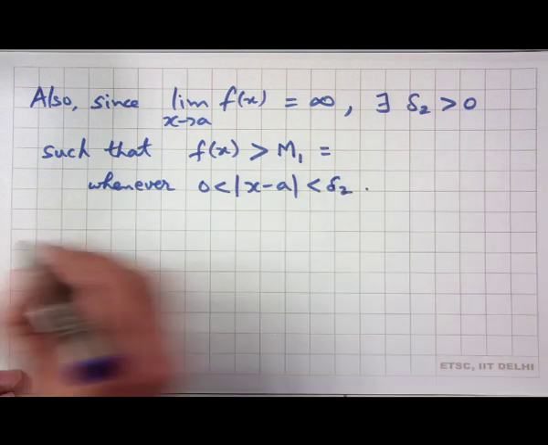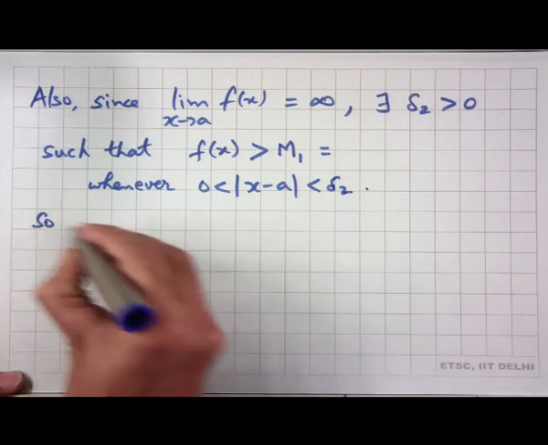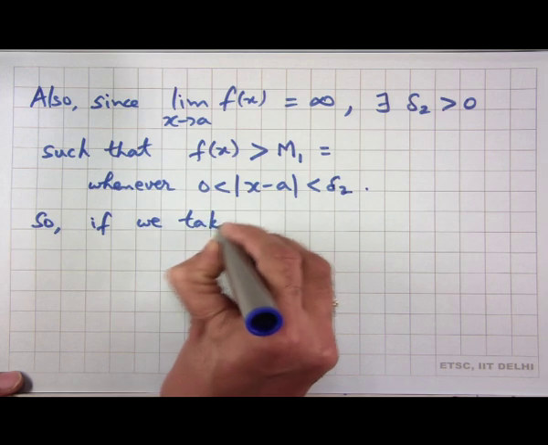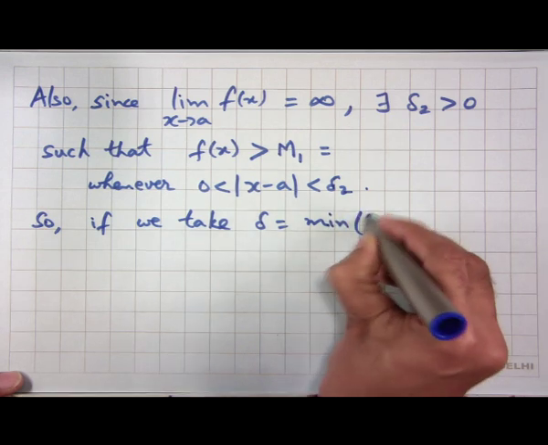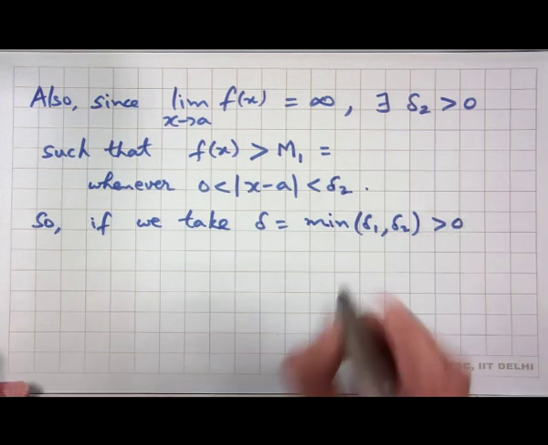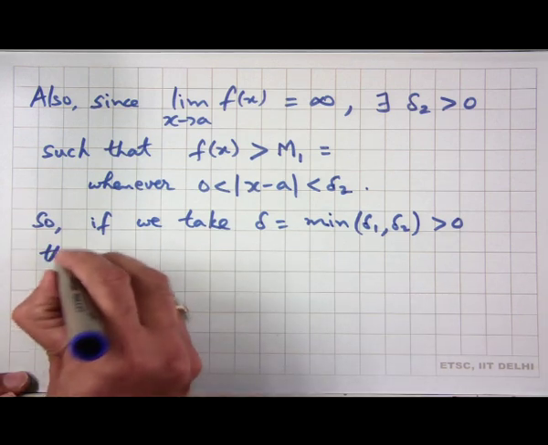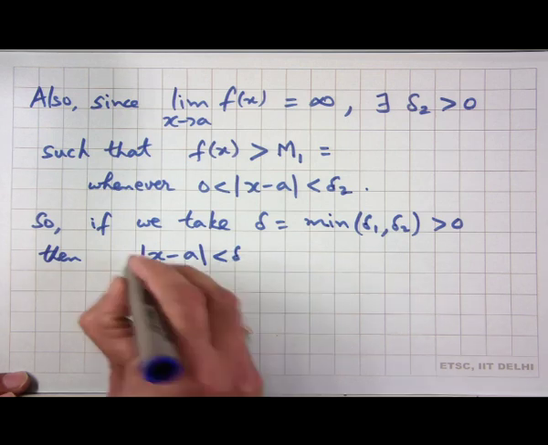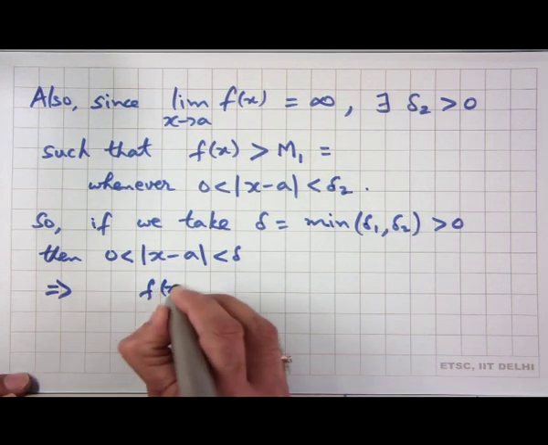Now we have to look at f x plus g x. If we take delta to be the minimum of delta 1 and delta 2, which is again a positive quantity since both delta 1 and delta 2 are positive, then mod x minus a less than delta and greater than 0 will imply something for f x plus g x.